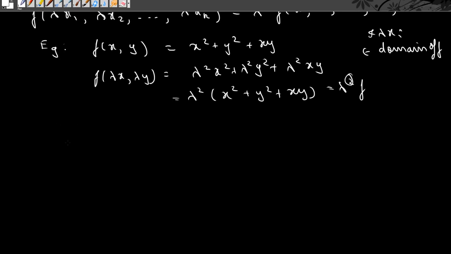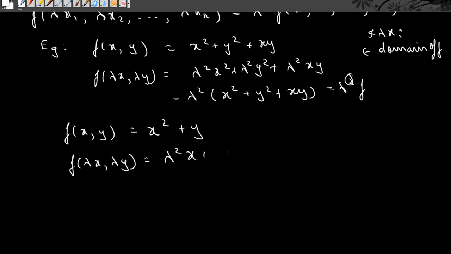Let's consider another example which is not a homogeneous function. That would have, let's say, the form x square plus y. Then f of lambda x, lambda y will be equal to lambda square x plus lambda y, which cannot be expressed as some lambda power n times f of xy.